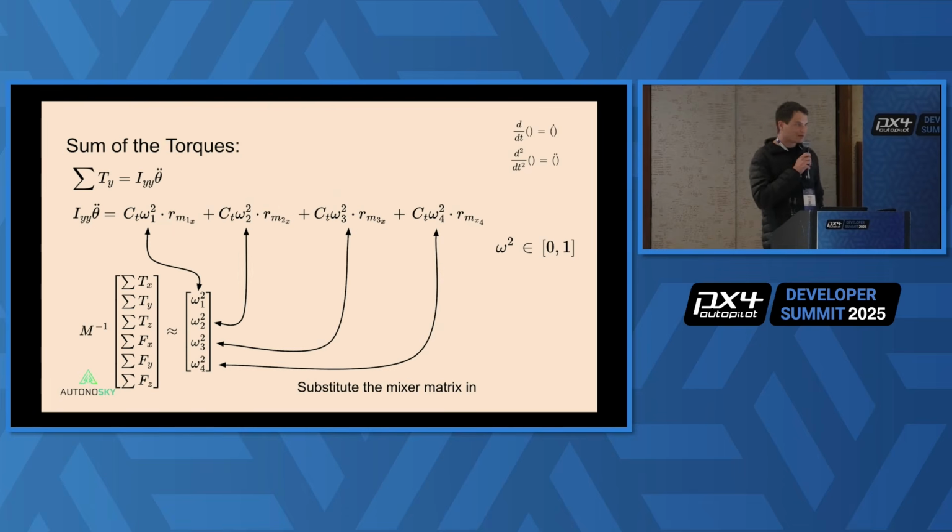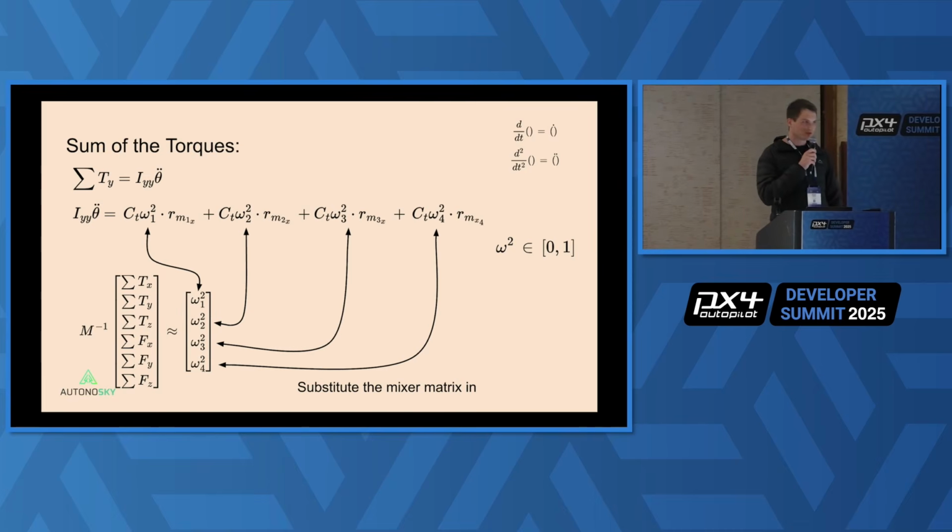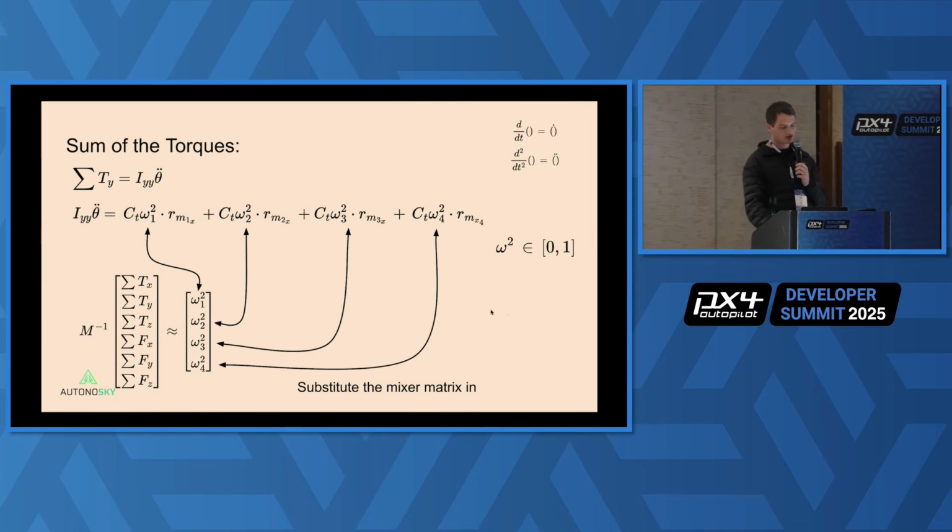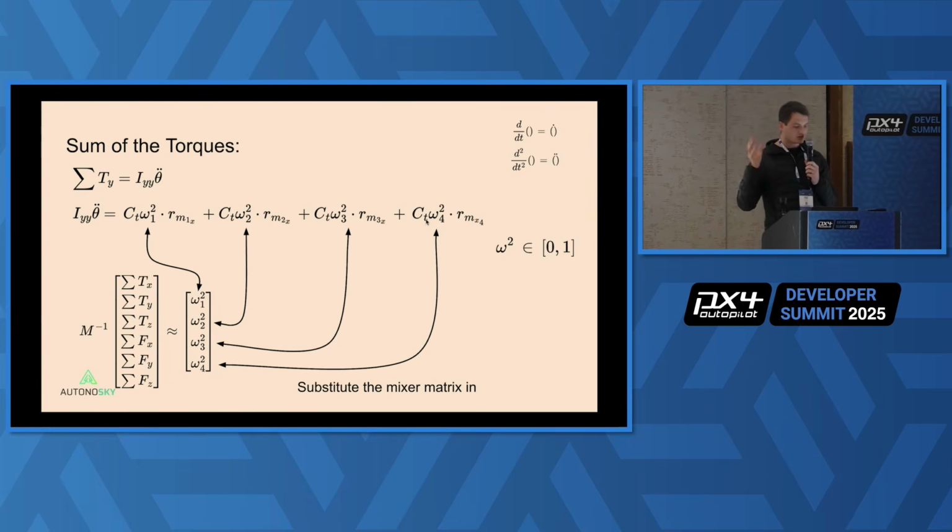So when we look at the sum of the torques, we see that it is the torques that each of our motors produces. And then a term which I've already neglected here is the effects of gravity. When designing linear controllers, you need to define an operating point around which you're going to design these controllers. Typically you would design these controllers around hover, so the effects of gravity are neglected.